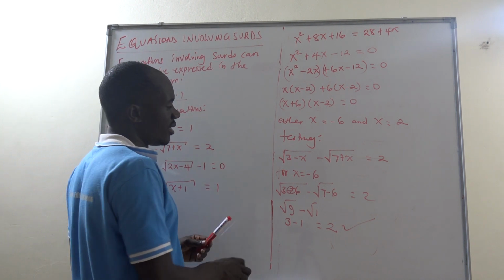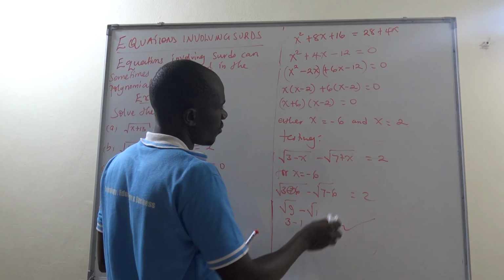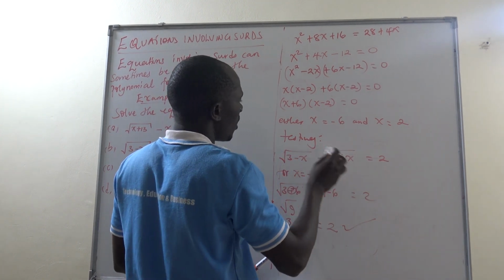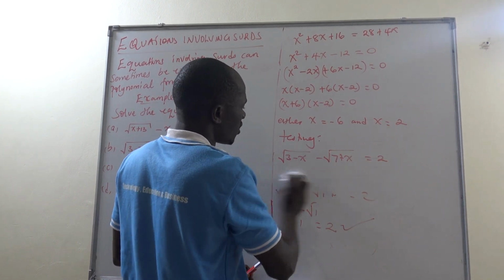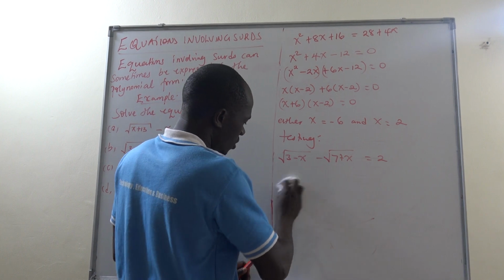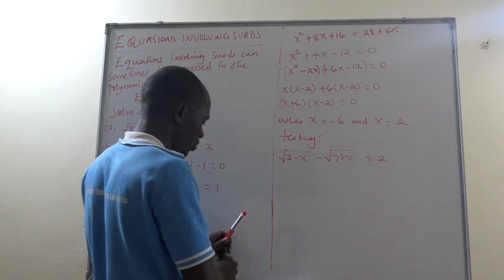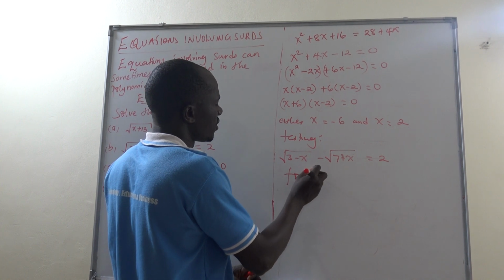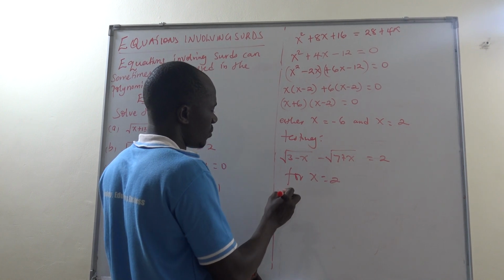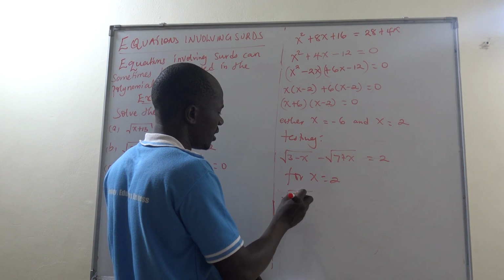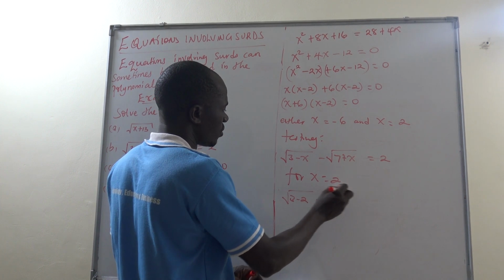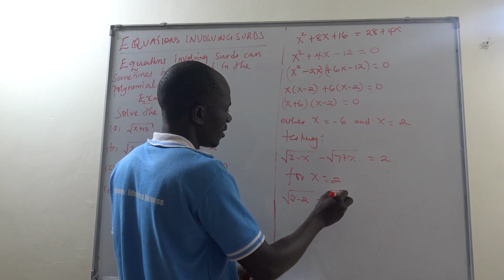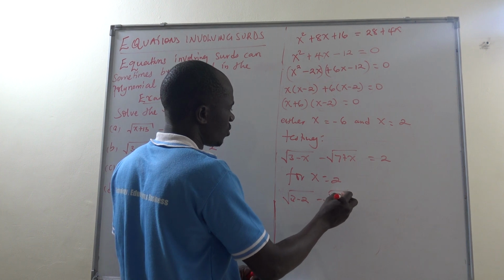We also go ahead and test for x equals 2. Substituting, we have root of 3 minus 2 minus root of 7 plus 2.